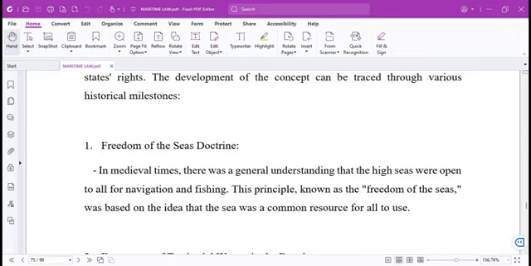This principle, known as the freedom of the sea, was based on the idea that the sea was a common resource for all to use. Everyone is entitled to it.